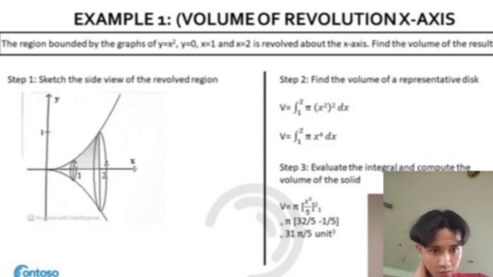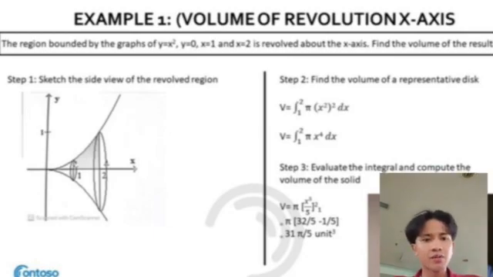It is 32 over 5 minus 1 over 5 because 32 over 5 is when x turns to 2 and 1 over 5 is when x turns into 1. The result of the calculation is 31 over 5 pi unit volume. And that's for me.